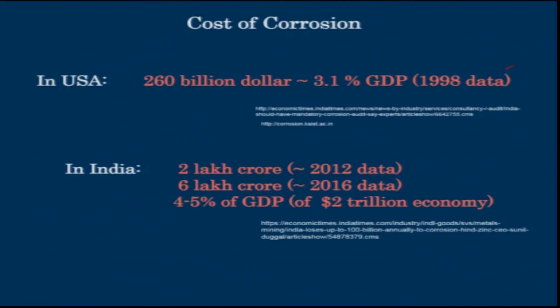So, that means from 2012 to 2016, the increase in loss of money due to corrosion is of the order of around 300%. Okay, it is quite a bit actually. Then it is also 4 to 5% of the GDP of our country, which is almost a $2 trillion economy. So, it is quite a bit of loss.